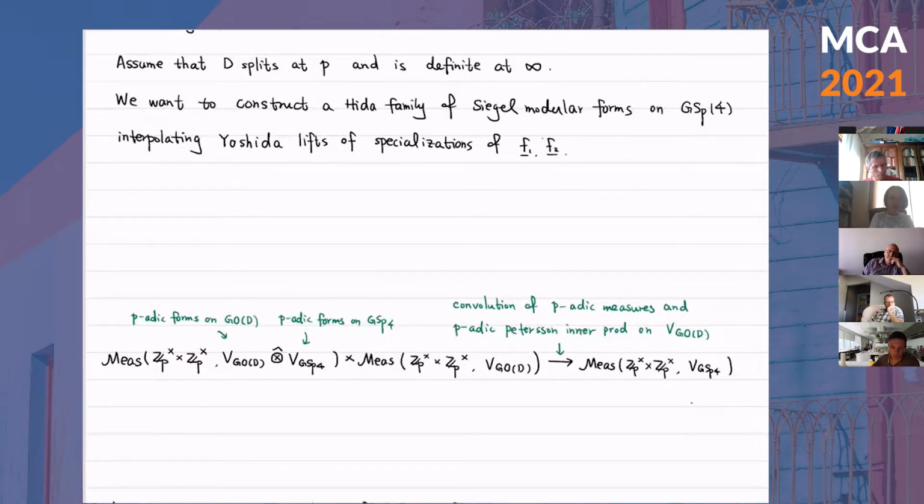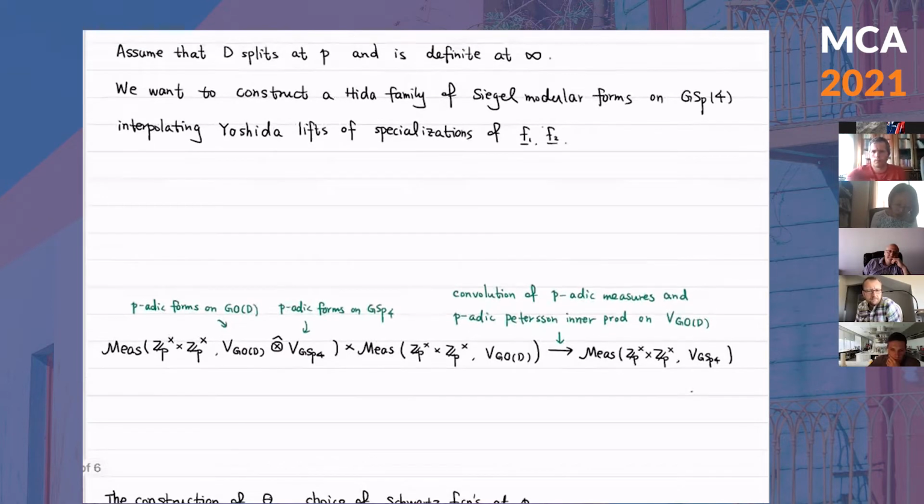So Sp4 and O4 are both of rank 2. Therefore the natural weight space for p-adic forms on them has dimension 2. So they correspond to characters of Zp cross times Zp cross.